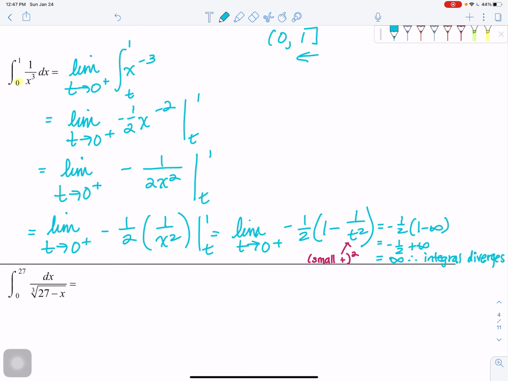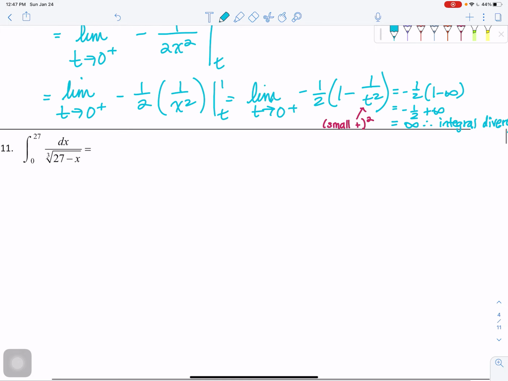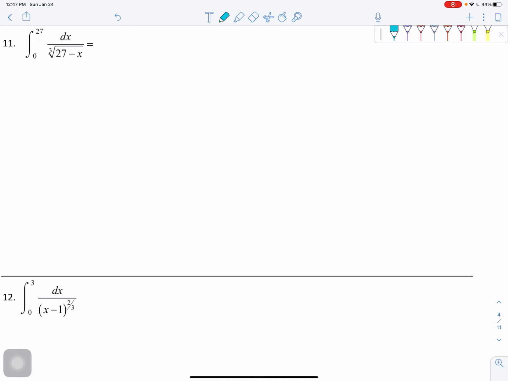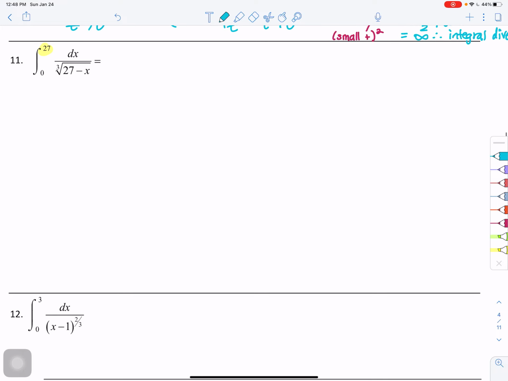Okay, let's go ahead and take a look at the next example. You guessed it, 27 is a discontinuity. If you placed 27 in for x, we would have an undefined function that we were trying to integrate. So we want to definitely take a look at that. So let's write that interval here.